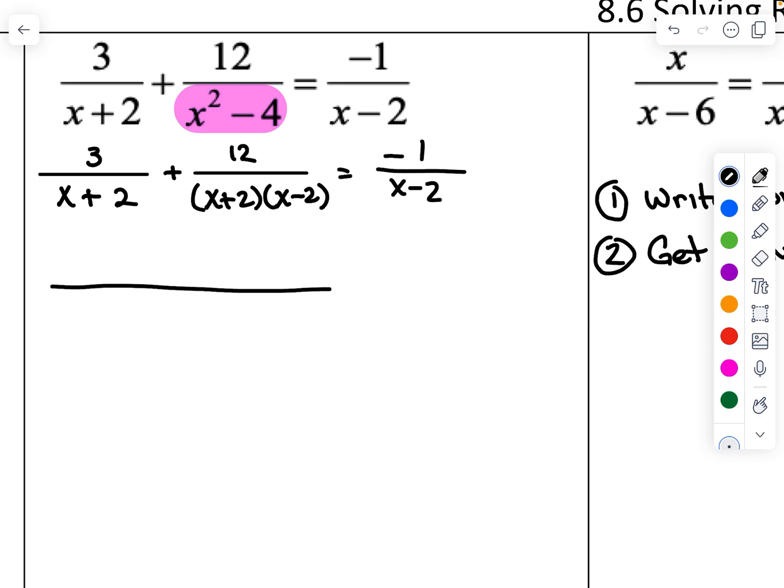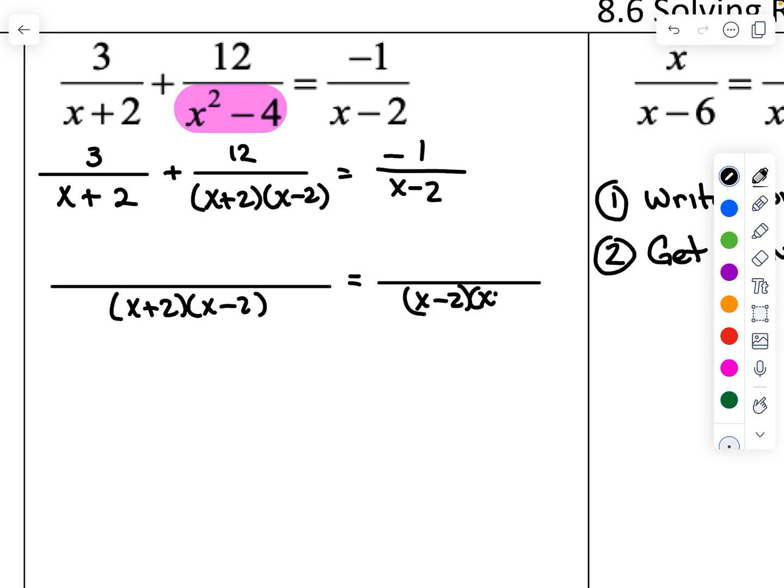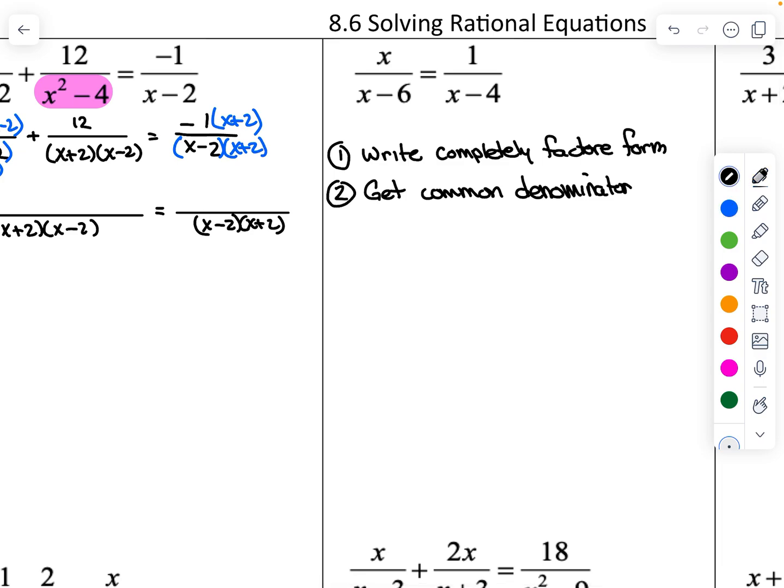So the common denominator would be x plus 2, x minus 2. Which means this needs an x minus 2. This doesn't need anything. This needs an x plus 2.